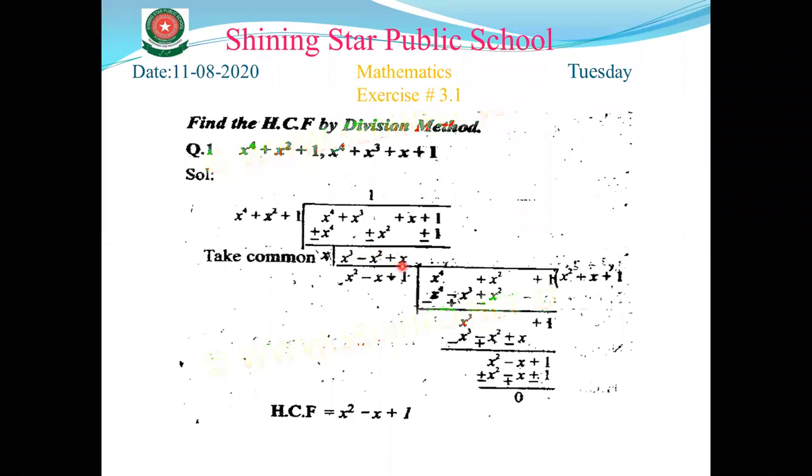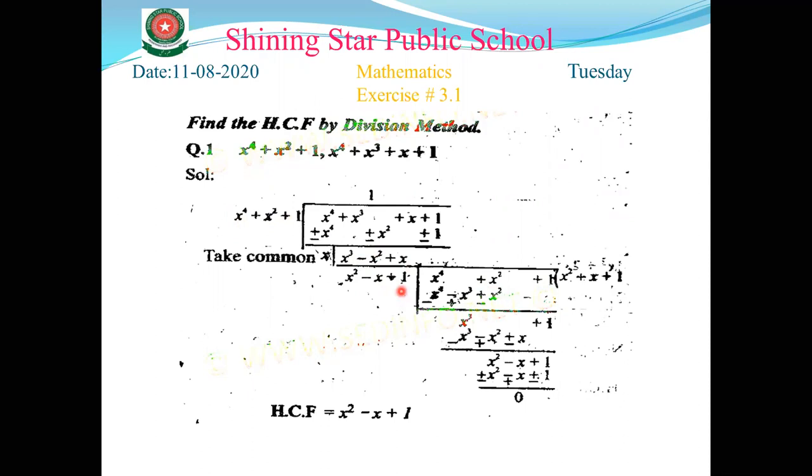So now we can write this x power 4 plus x square plus 1 within the bracket, and we can divide this with the help of x square minus x plus 1.